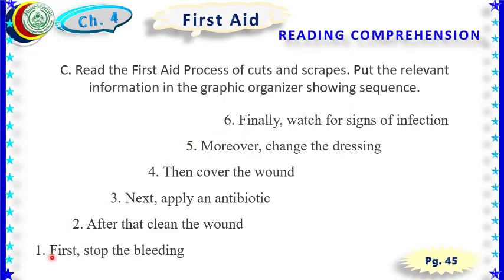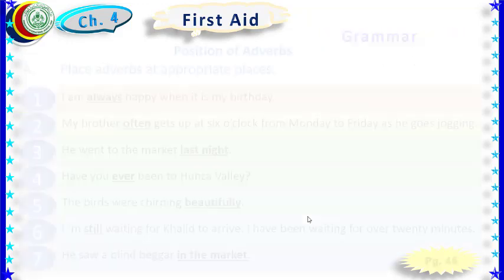For example, first of all, we shall say first stop the bleeding, after that clean the wound, next apply antibiotic, then cover the wound, moreover change the dressing, finally watch for signs of infection. Yes, are all these the same things which we discussed a little before? We have to apply all these to arrange our text.